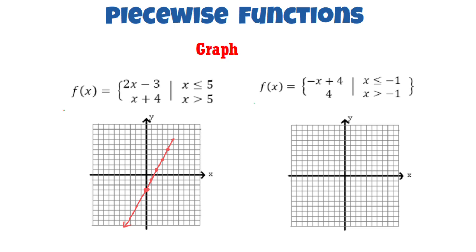It does say or equal to, so I know that here at this 5 spot, it does actually hit that. The next part is x plus 4. The x plus 4, if I were to graph it, starts off here at 4 and then has a slope of 1. So rise 1, run 1, and you sit here and do that.